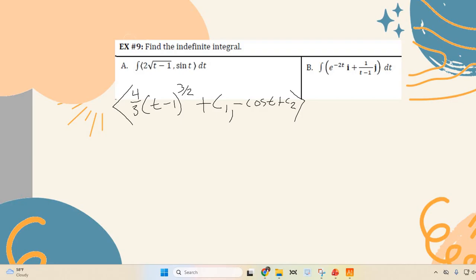For our next one, what are we going to have to do? This one we do have to do a u sub because I have an e to the negative 2t. So what are we going to end up with? For our du, du equals negative 2, right? dt.